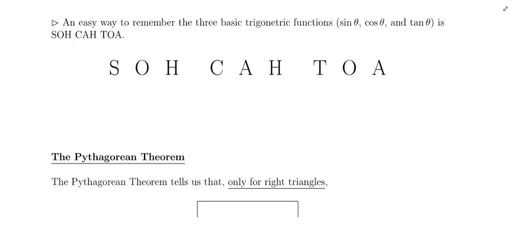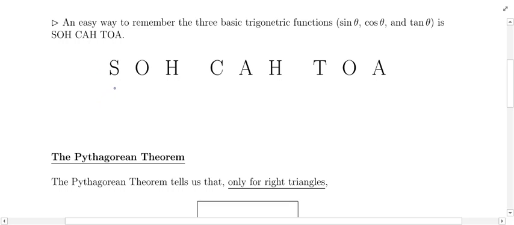If you go to the top of page 2, a really easy way to remember the 3 basic trigonometric functions, meaning sine theta, cosine theta, and tangent theta, is SOHCAHTOA. Okay, so if you write this out, the S stands for sine. Sine is the opposite over the hypotenuse. And then the cosine is the adjacent side over the hypotenuse.